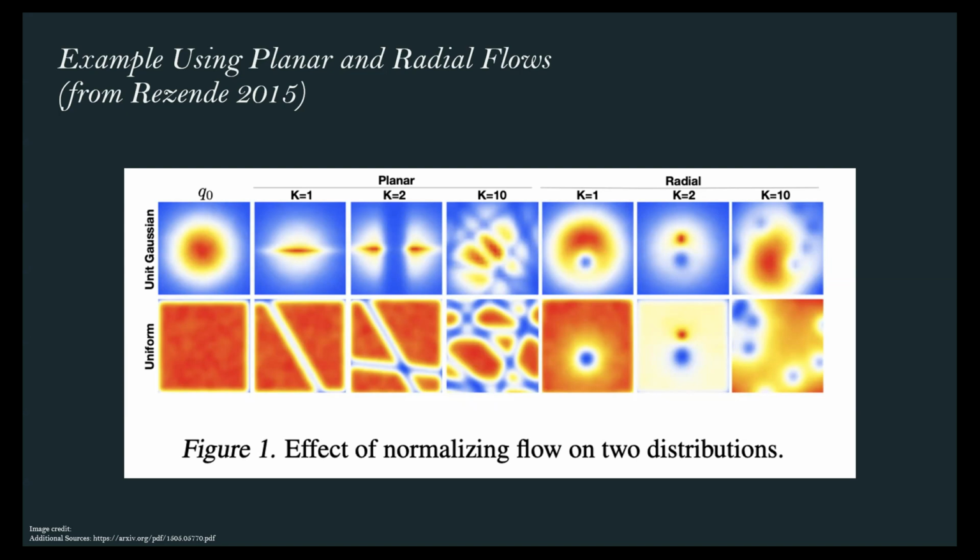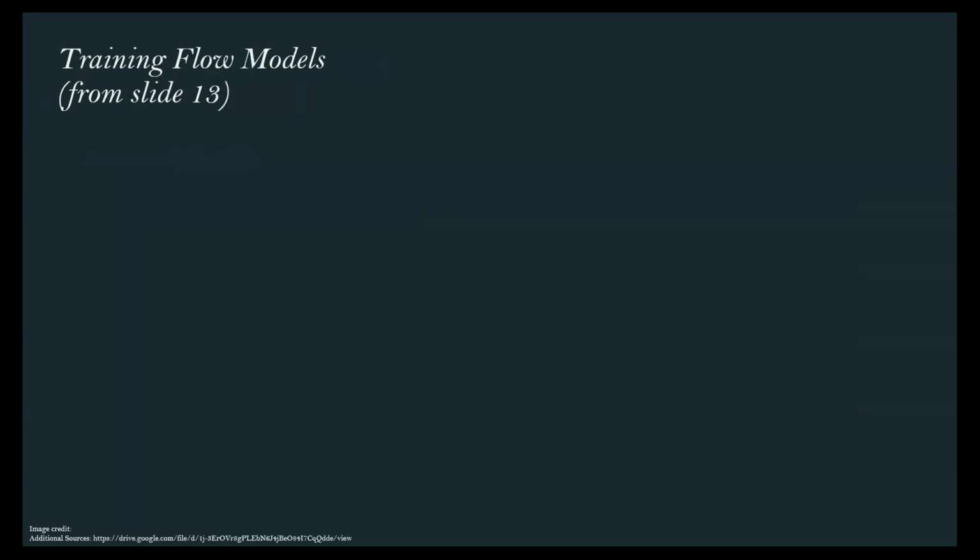That you can make changes in this space, which is the latent space, the uniform or unit Gaussian space, and then go back and look at what that causes in the underlying distribution space that you're trying to map to. Oh yeah, 100%. Because that's what it enables you to do.